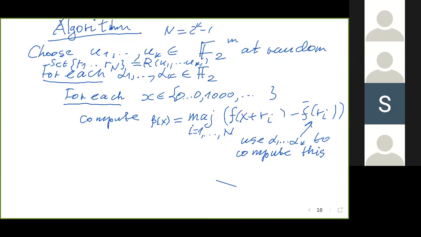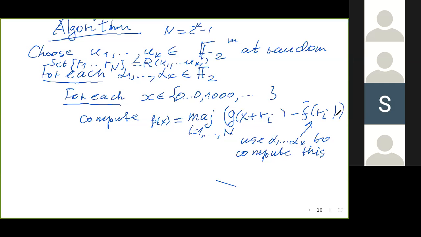I'm sorry, here we use g instead of unknown, the known g instead of unknown f, and here we use alpha 1, alpha k to compute f tilde bar f of ri using the fact that ri is a linear combination of those values, and thus it's possible to compute f tilde f of ri, assuming that these are correct values.